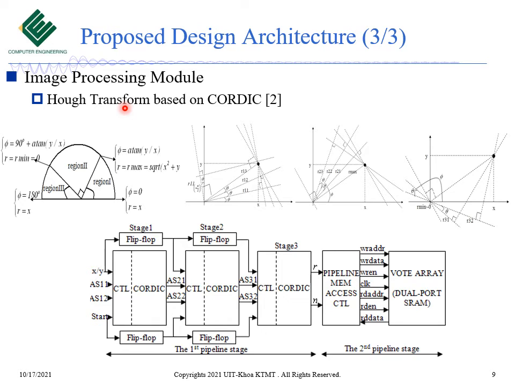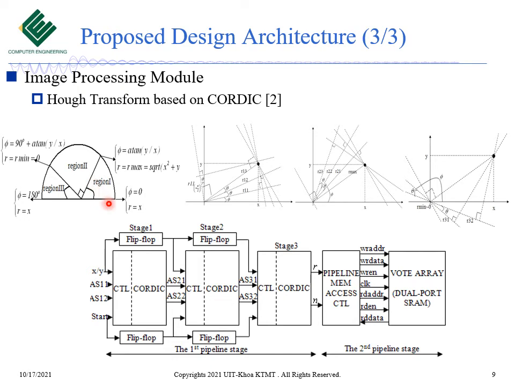So after that, the information will go to the main image processing. In main image processing, as we discussed before, we apply the Hough transform based on CORDIC, because to cover every angle around the pixels, we need to divide into three regions.